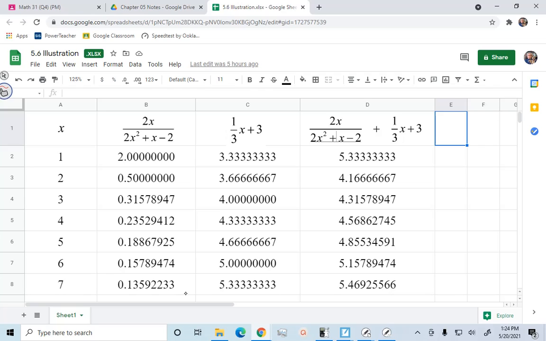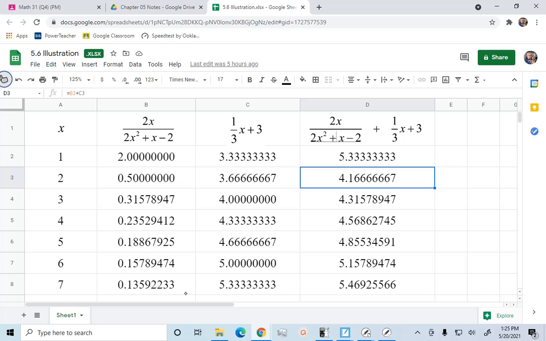It is f of x equals 2x over x squared plus x minus 2, and then plus 1/3 x plus 3. So what is this spreadsheet showing you? It's showing you that when x is 1, the y coordinate on the function is 5.33. When x is 2, the y coordinate is 4.1, etc.